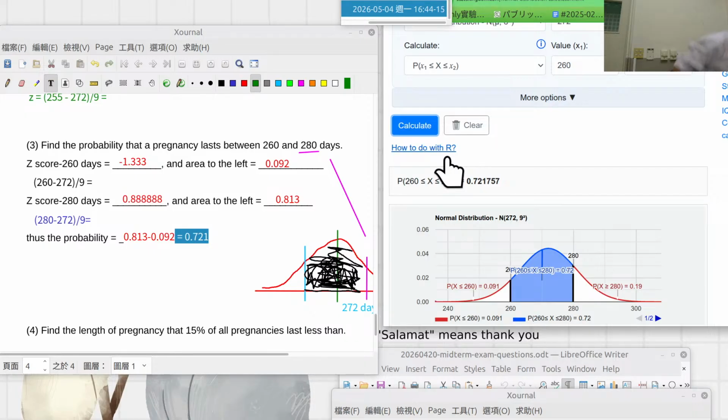By the way, how to do this with R? What does R mean? R is a strange, powerful software, free and legal to use, but you need to type a lot of commands, not a graphic user interface.